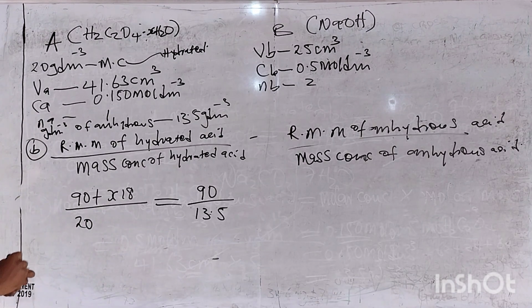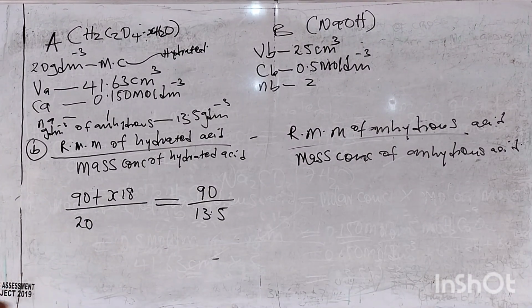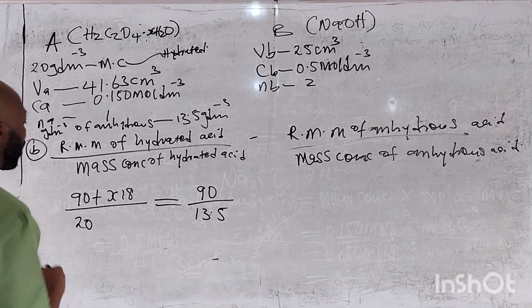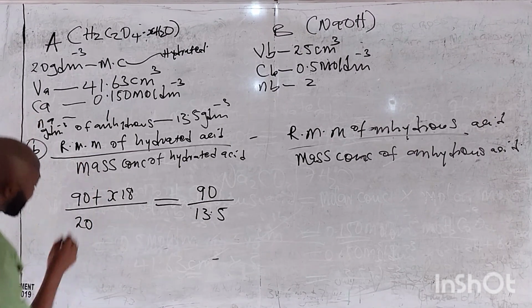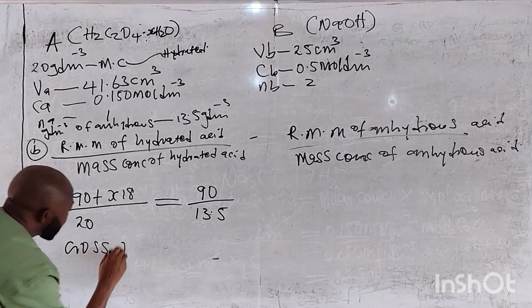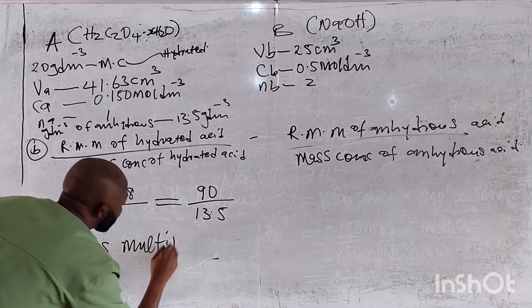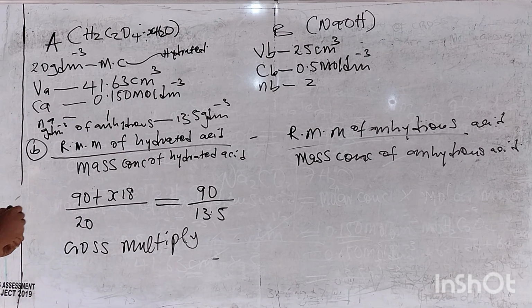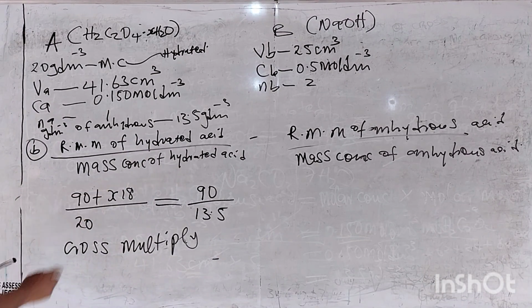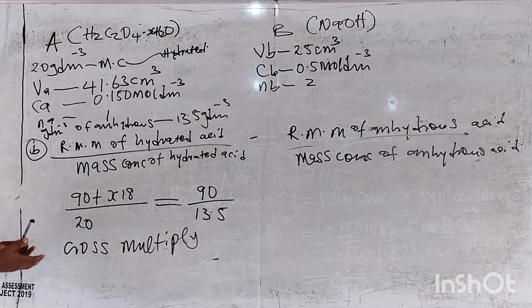So we have to make X the subject of the formula here. You must also understand the topic of changing the subject of a formula very well in mathematics. Maybe in due time I'm going to upload it here for those who do not have a good background in mathematics. So first of all, we cross multiply. What I'm looking for is this X, so I try to keep it on my left hand side.